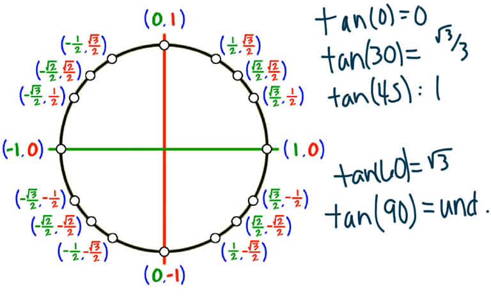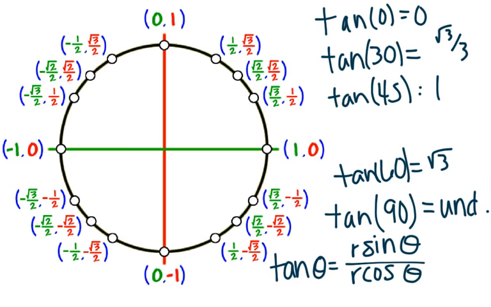So one last thing, since tangent equals sine over cosine in the unit circle, it also equals r sine theta over r cosine theta in a generic circle, in which case the r's simply cancel and we simplify to just sine of theta over cosine theta.